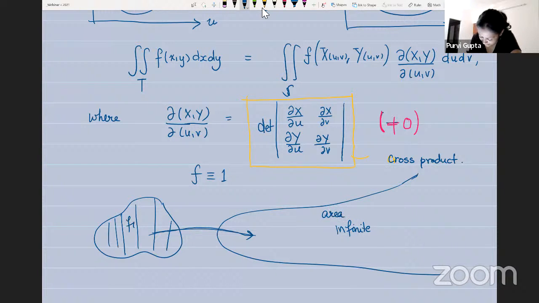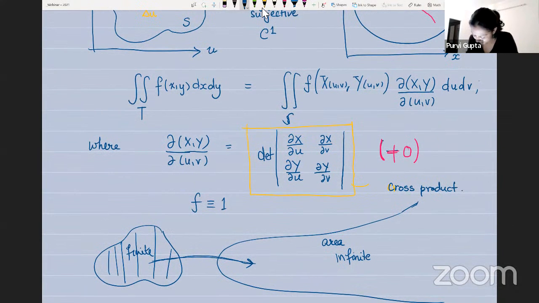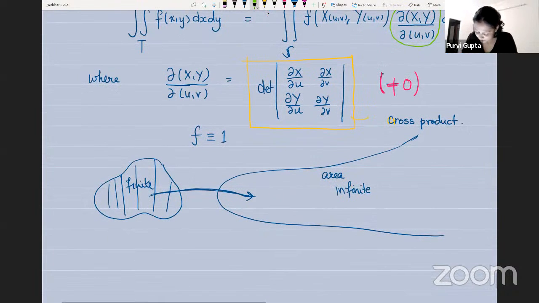So a priori, it seems that this transformation law is not working. But what is happening is that you can formally apply this transformation law, but when you have a transformation like this, then this term will become very, very large. Because by the logic I just told you, a very small rectangle is now being forced to go to a very large parallelogram.